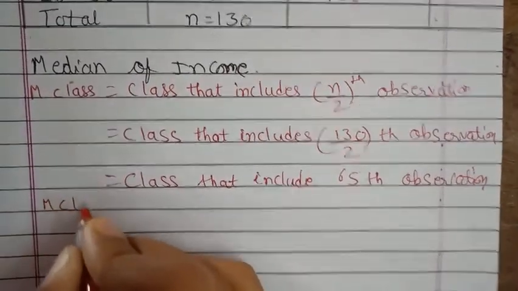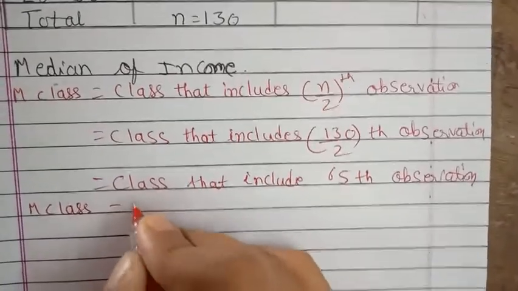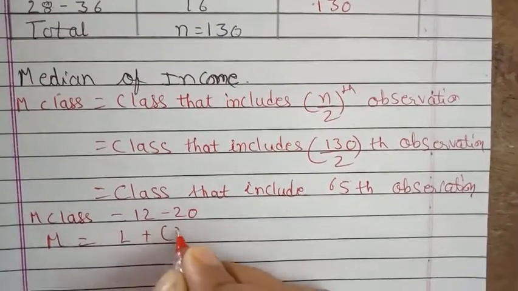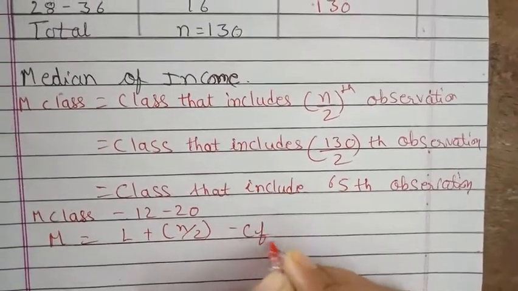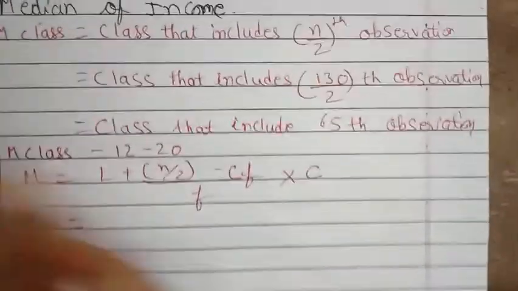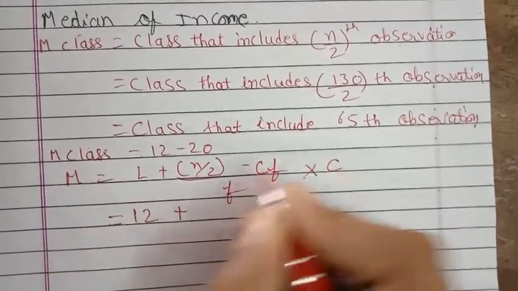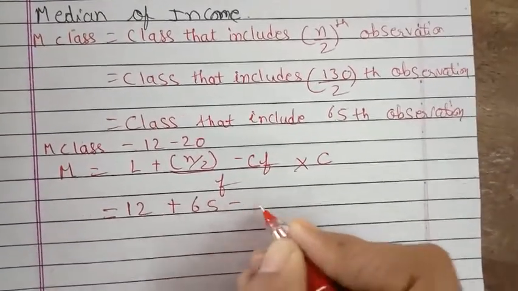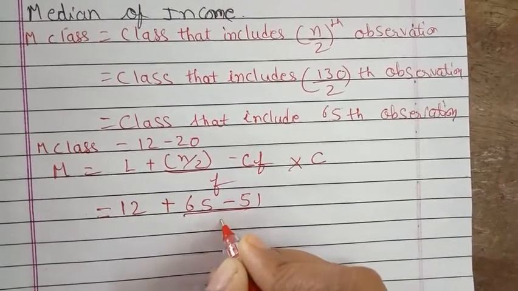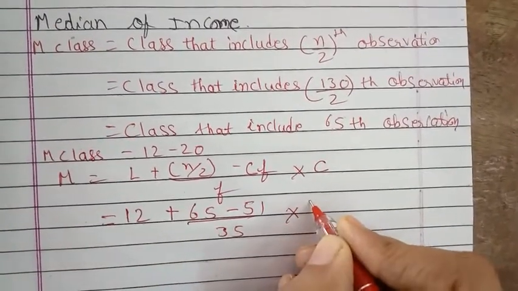So our M class is 12 to 20. Median is equal to L plus N by 2 minus CF upon F into C. What is your L? L is 12 plus N by 2, 65, minus CF we saw in the column just now, that is 51, divided by frequency 35, and C is 8.